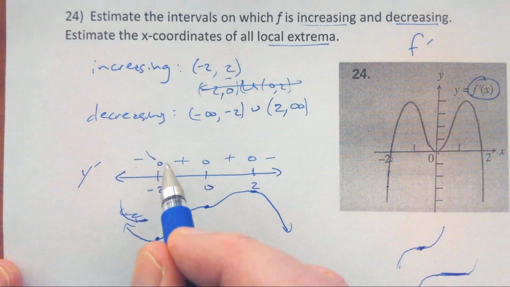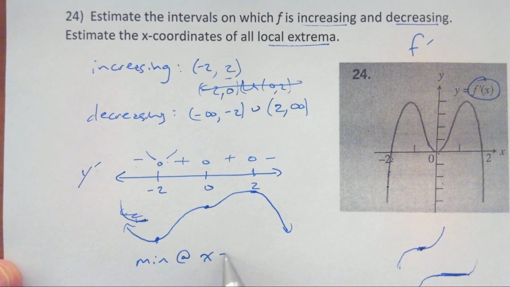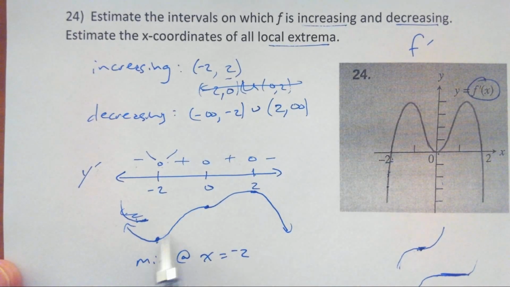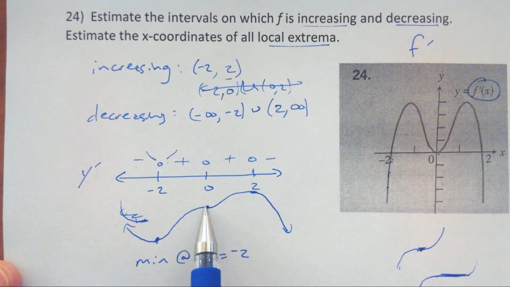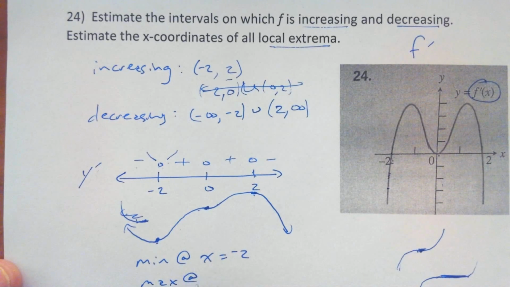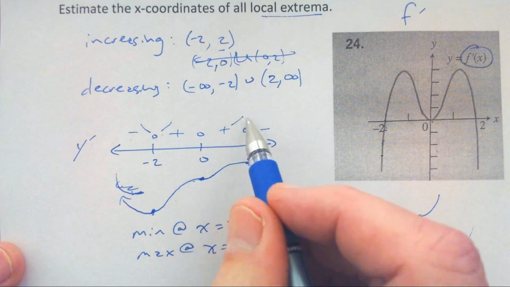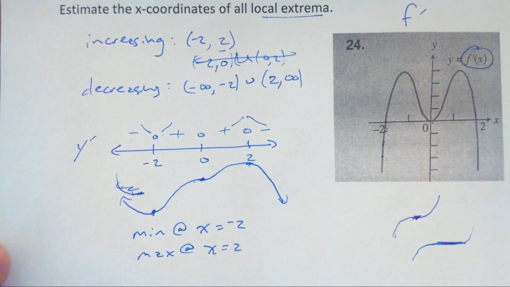We went down, we leveled off, we went up. So we have a local minimum at x equals -2. This is not an extreme, because it's going up and then going up, but we have a local maximum at x equals +2, because the graph is going up and then coming down.